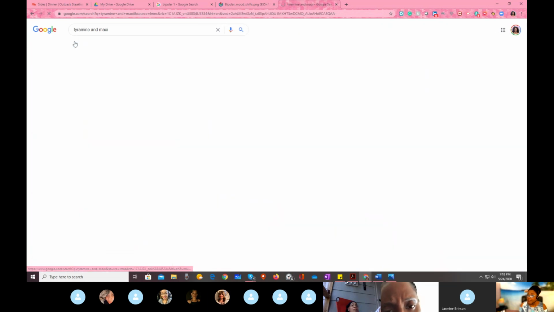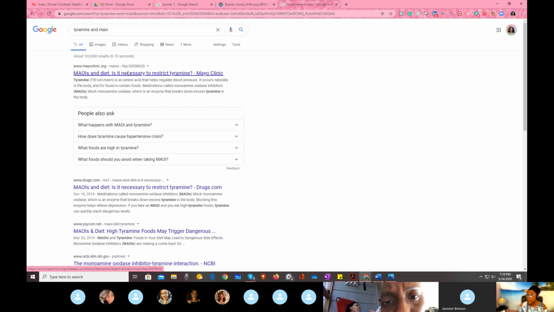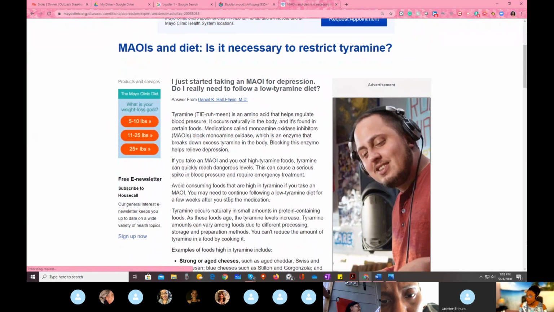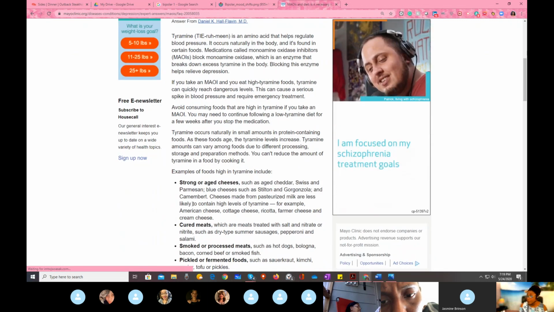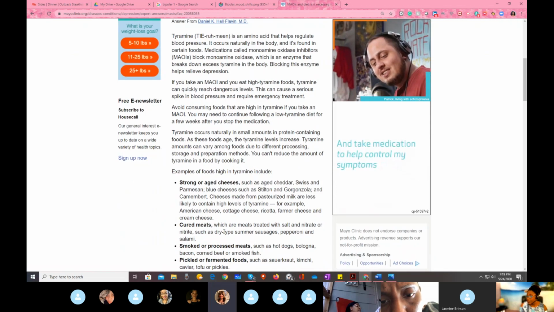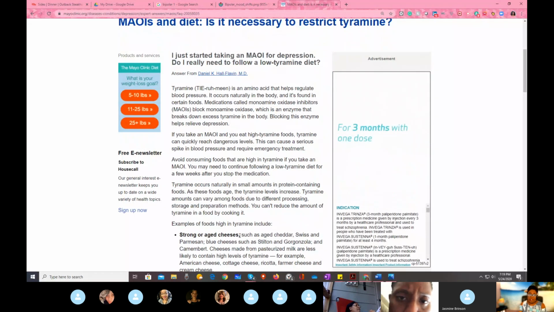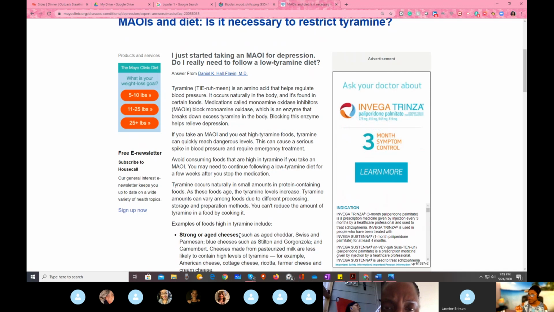That's the big deal. It'll say, what can you not eat? You can't eat any of the aged cheeses if you're on an MAOI, strong aged cheese, any cured meat, any of those things. That was one of the reasons when the SSRIs came along that we got rid of the MAOIs. Tyramine, you cannot have it in your diet if you are on one of those medications.